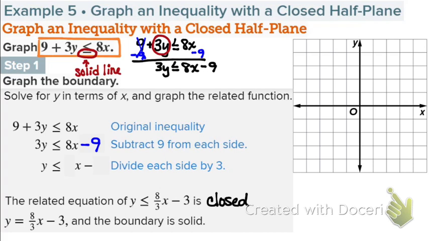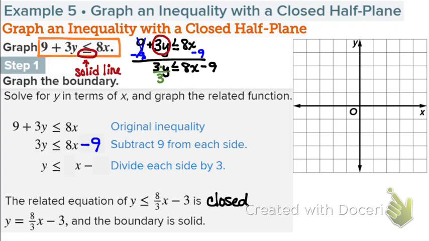Is my y all alone? Are there any pluses or minuses around the y anymore? So how do I get rid of the 3? Divide. Right now it's being multiplied, and I need to divide to get rid of that.